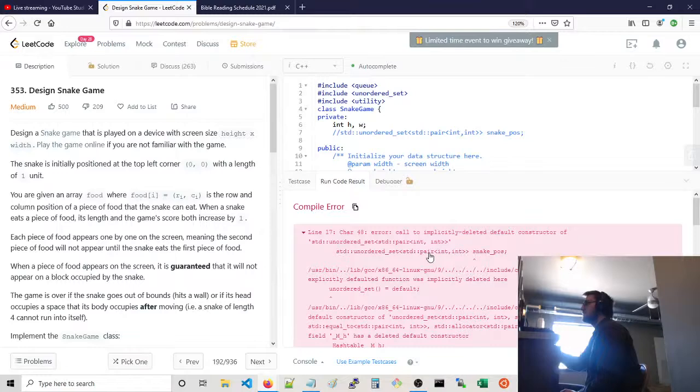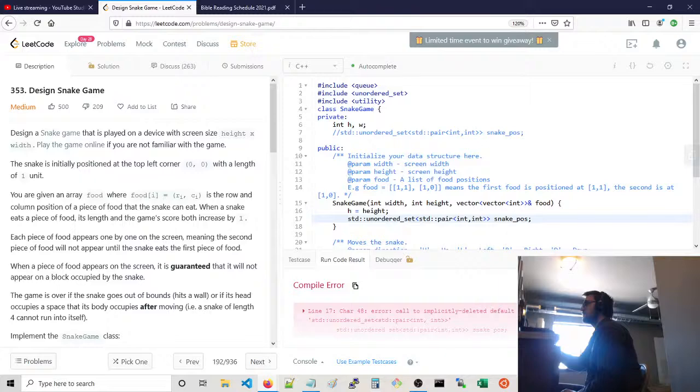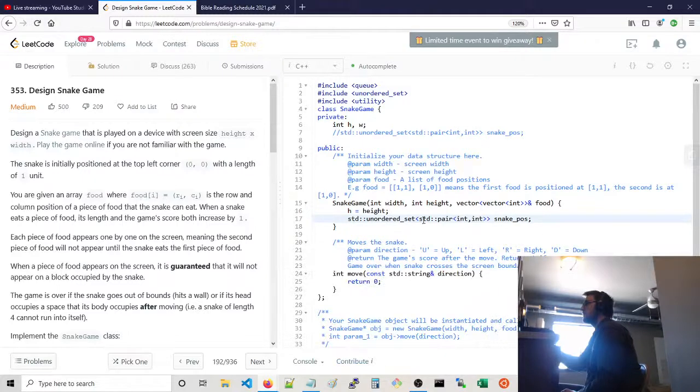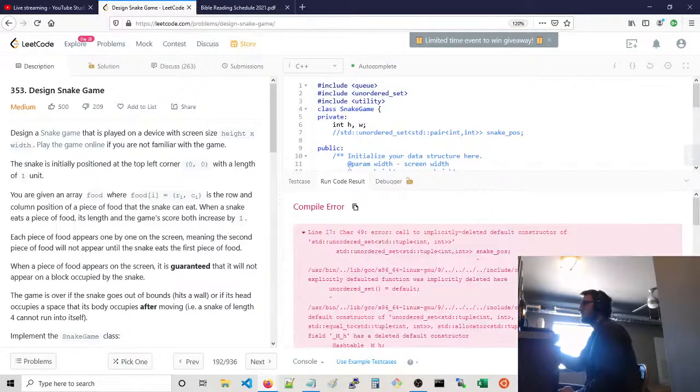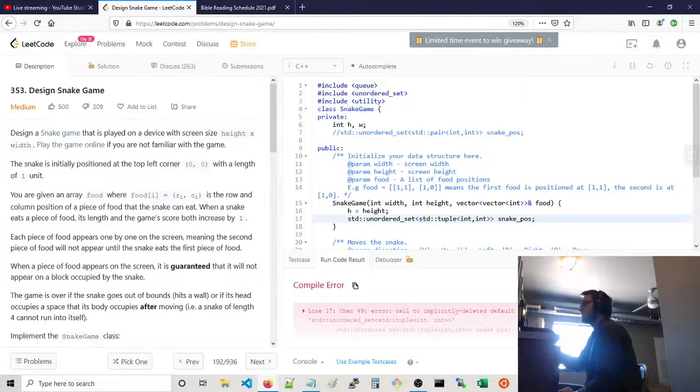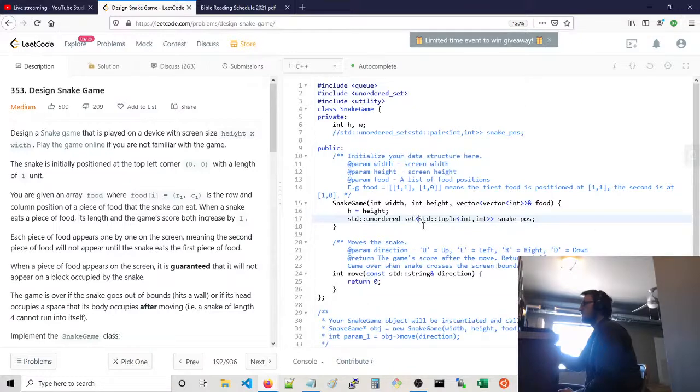Implicitly deleted default constructor. Can you use tuples? Yeah, that's kind of what I was getting at.